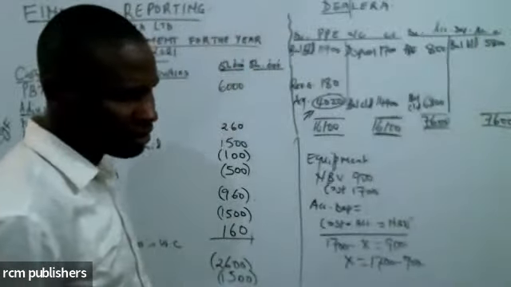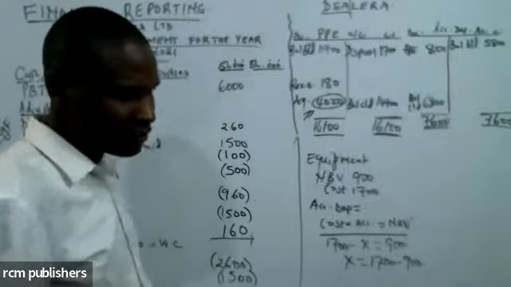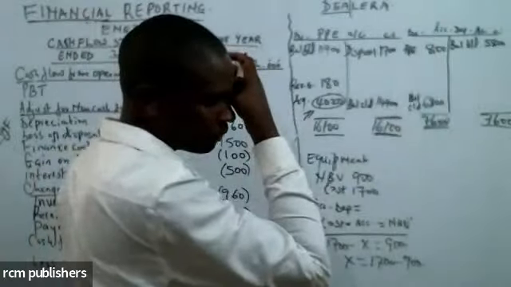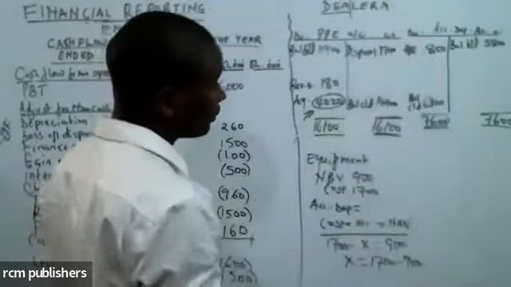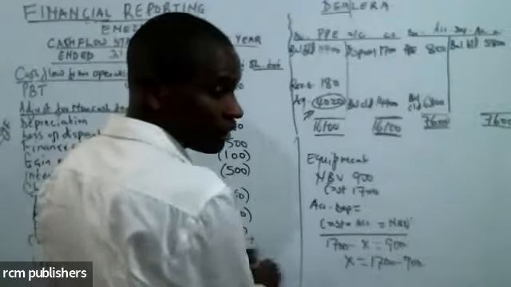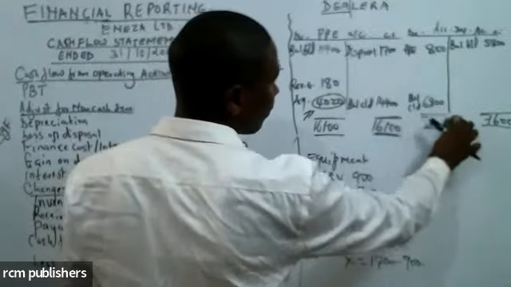Balance my account. Is it 76? Really? Okay, it's 76. Let me see whether I made a mistake. Is it 80? Class, can you give me the total of this?